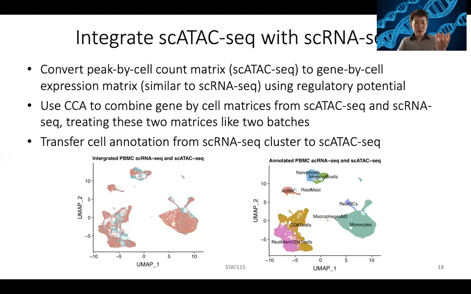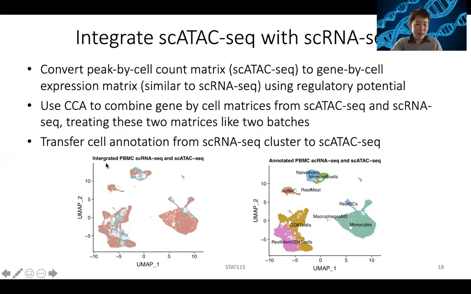Then we convert the single cell ATAC-seq into a similar single cell RNA-seq data infrastructure and compare with your original single cell RNA-seq. Because they should roughly have similar representation, we can use the CCA approach for batch effect removal to merge the 2 samples together.